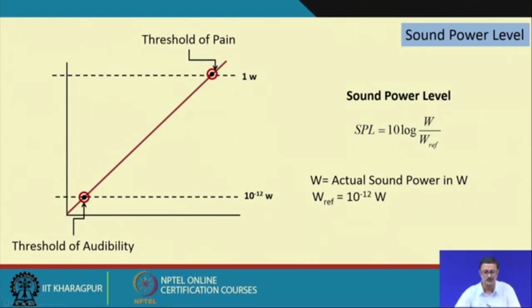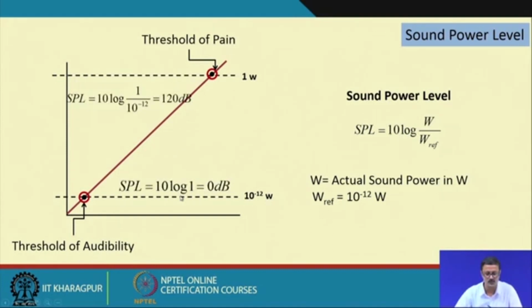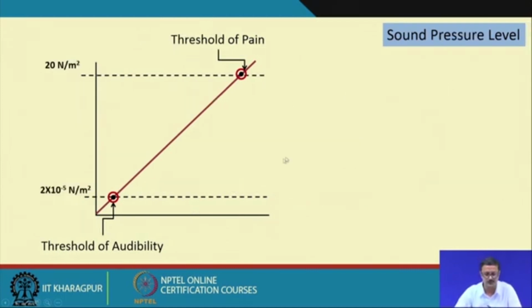Similarly, it fluctuates from 0 to 120 dB, where 120 dB refers to the threshold of pain and 0 dB refers to the threshold of audibility.